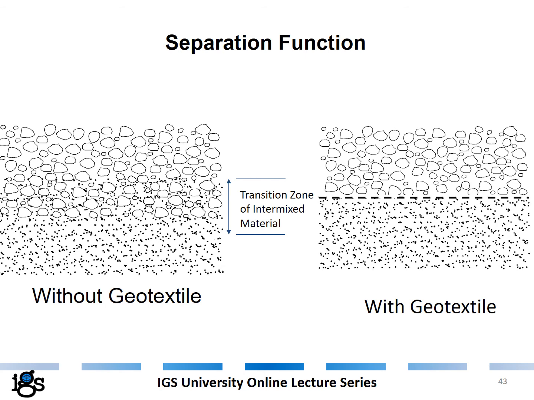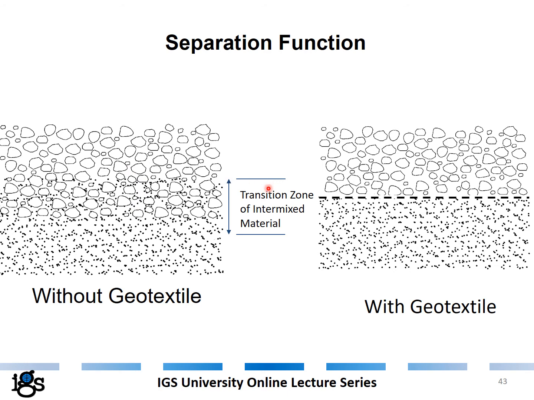If this is a subgrade and this is a base course, and if we don't put a separation geotextile, what happens is that the coarse particles penetrate into soft subgrade, and the fine particles of the subgrade migrate into the base course.